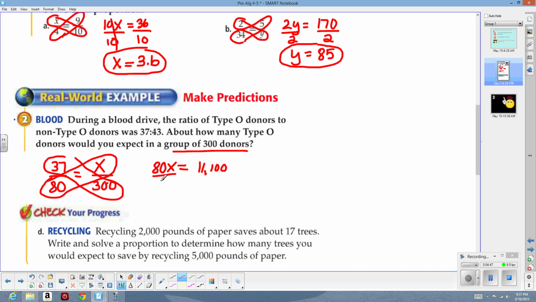Now divide both sides by 80. And we get x is equal to about 138, or actually it works out to be 138.75. But since we're talking people here, we wouldn't say 138.75 people. We would round that to about 139 people with type O.